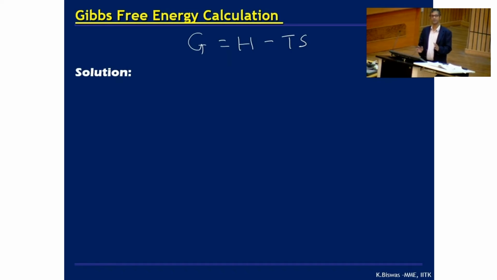This is a fundamental equation. Please do not forget it, even at the end of the semester. Okay. G is the Gibbs free energy equal to H, the enthalpy, minus T, temperature, multiplied by S, entropy.